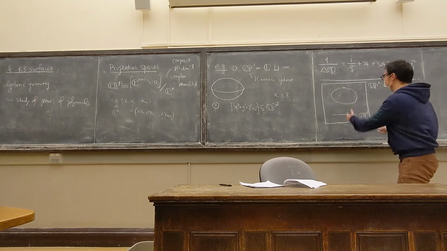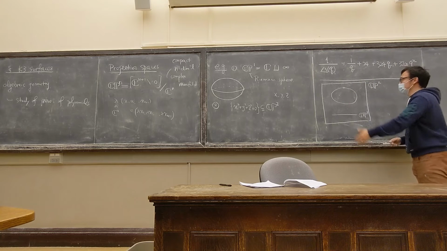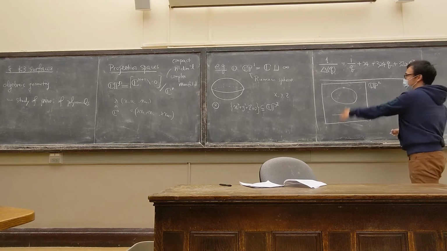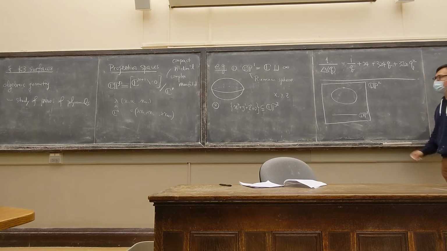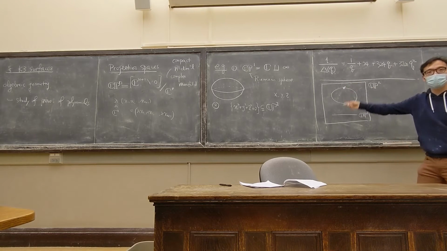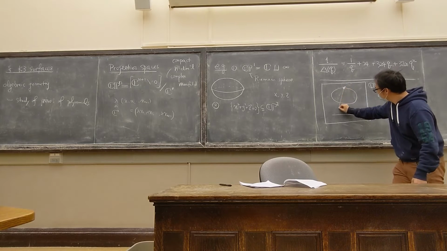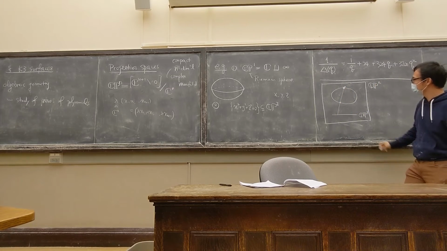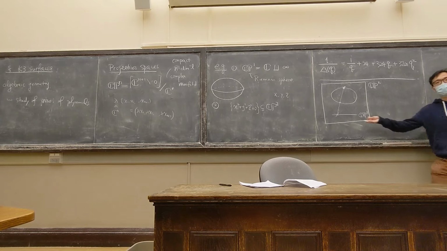Since this is a conic of degree 2, every line intersects this space at 2 points. So you fix a base point, and you start to draw lines passing through this point. And for every point on this conic, you identify it with a point on a line.